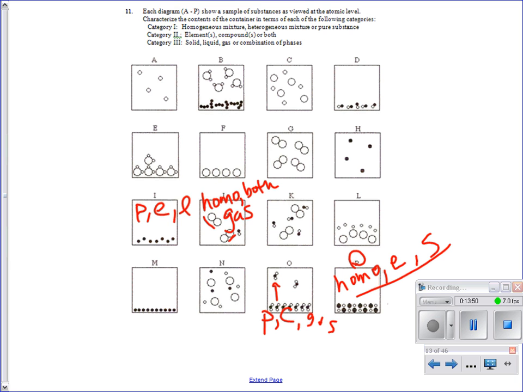Could that be carbon dioxide looking at this structure? Technically, carbon dioxide is not bent in shape, but I'll agree that it has one C in the middle and then two O's, so it could be carbon dioxide. And then what's that process of going from solid to gas called? Sublimation. Okay.